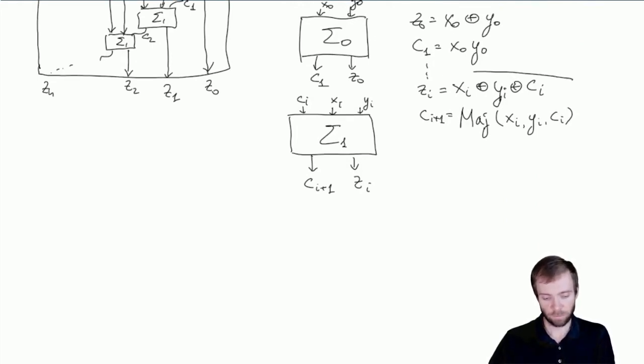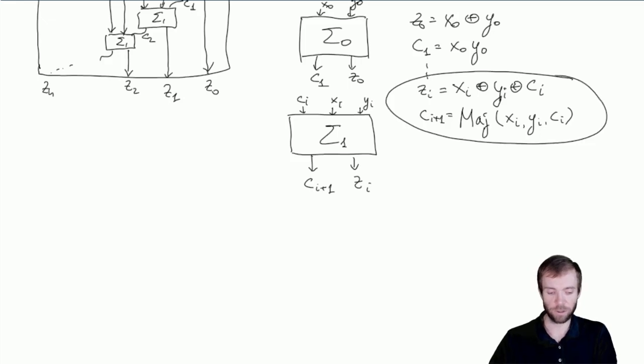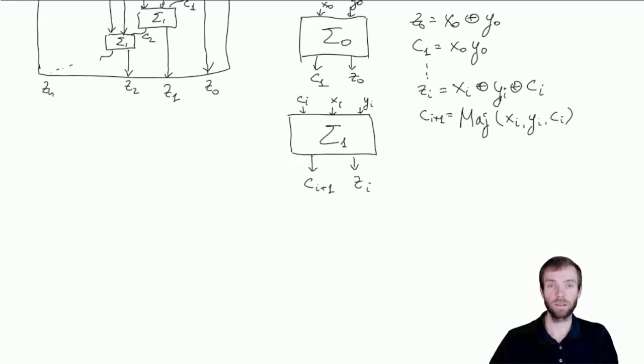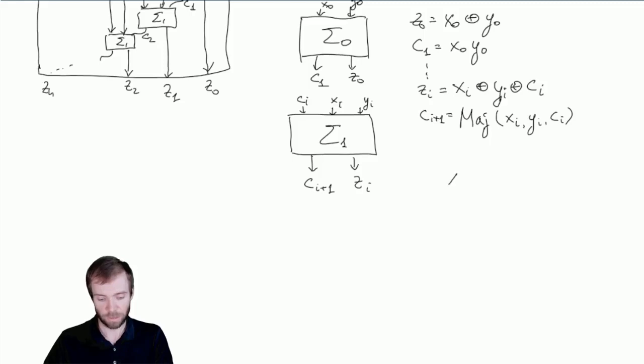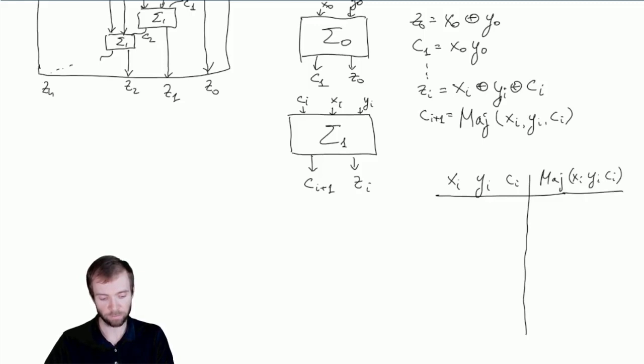So let's see that we can actually construct a circuit which computes both of these functions. So how do we do this? Let's try doing it at least in some detail. So we take xi, yi, and ci, and we can list all the possible values that we have for, say, our majority function of xi, yi, and ci.